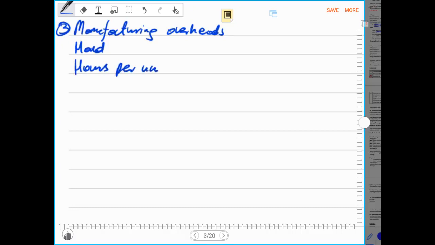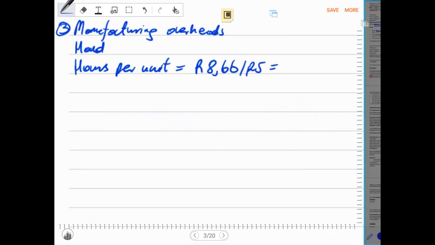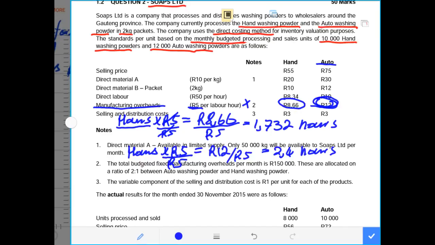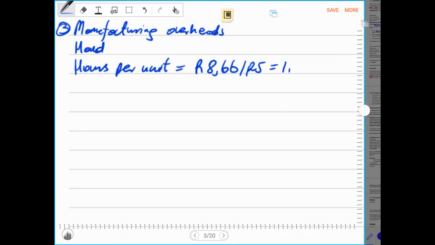Our hours per unit is 8 rand 66 cents divided by 5 rand per hour. Just confirm if my figures are right. Yes, which gave us 1.732 hours.